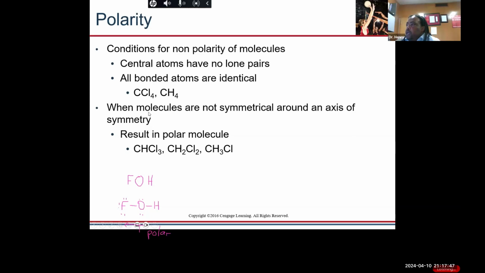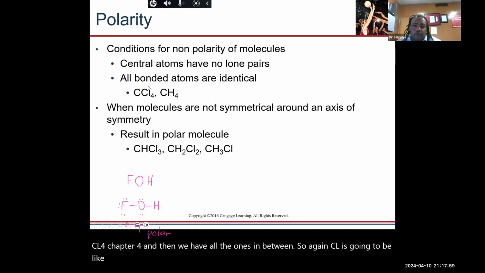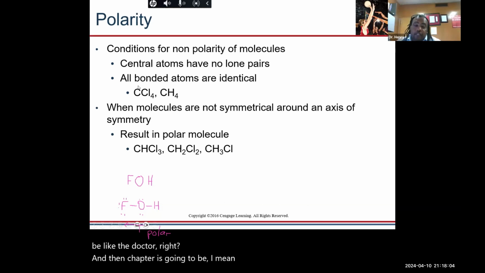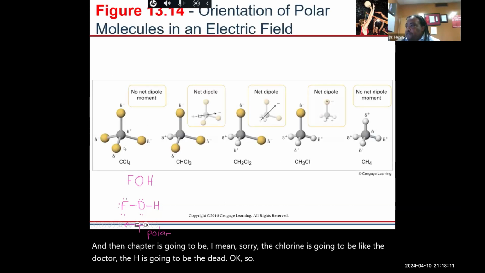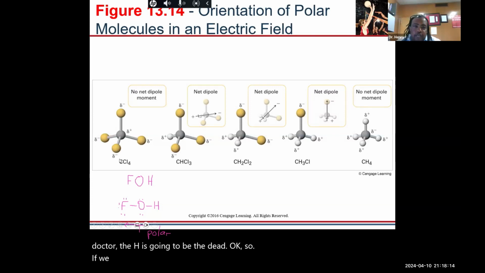Okay, so let's say that we have CCl4, CH4, and then we have all the ones in between. So again, chlorine is going to be like the doctor, right? The H is going to be the deadbeat. Okay. So if we have all four Cls, this doctor has a quadruplet, and they're all doctors, they're all dating you.